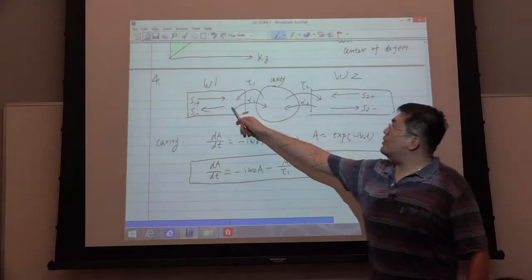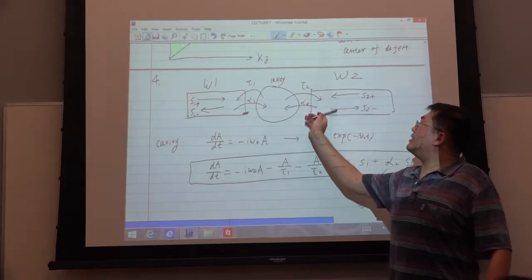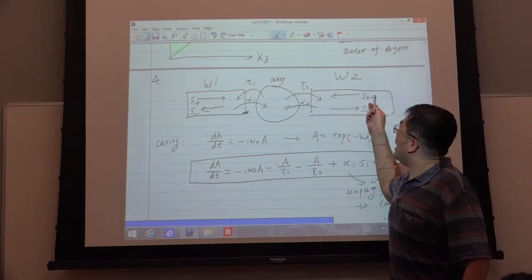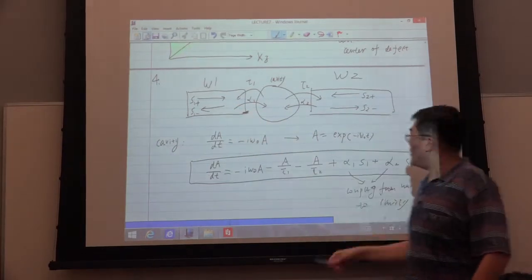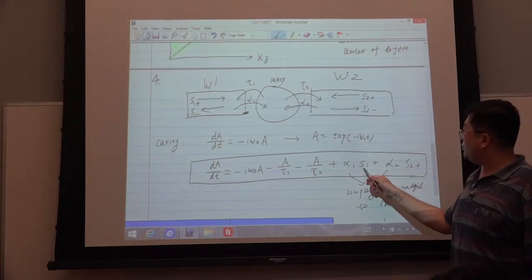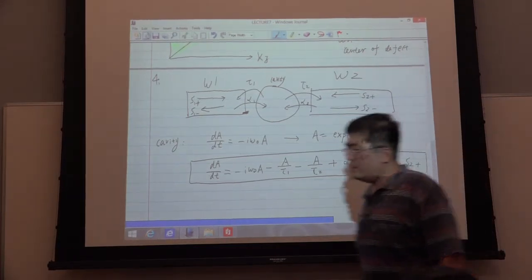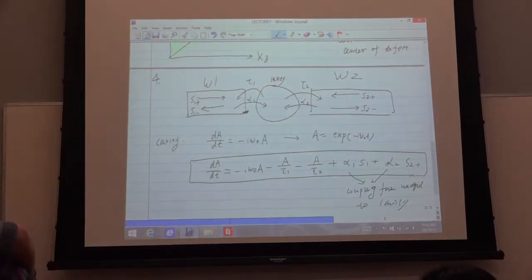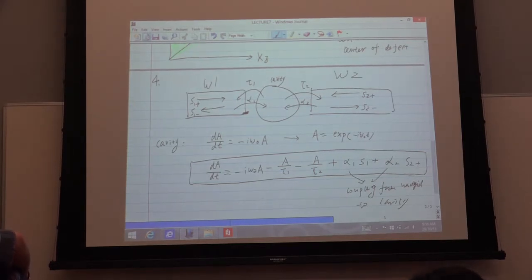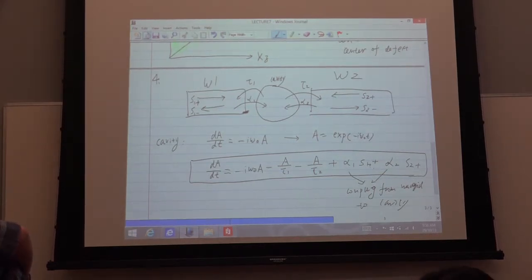This waveguide also has a coupling to the cavity, because it has an incoming wave. So they should be proportional to this incoming wave, S1 and S2.